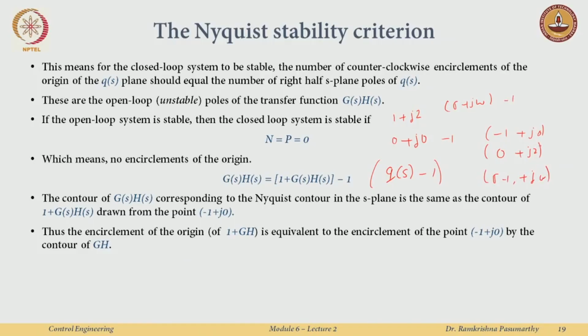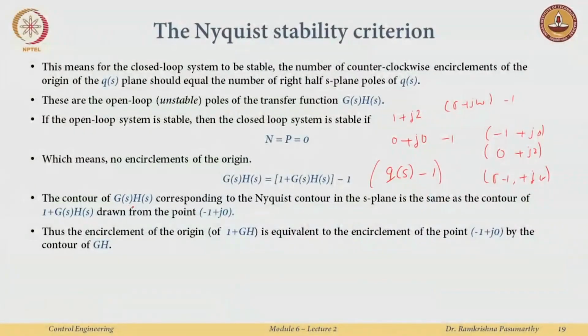The imaginary thing always remains the same, and the real part is shifted by 1, right. Just if it's sigma, it just becomes sigma minus 1. Okay. So if the contour of GH, this is the same as the contour of 1 plus G times H, just that I am just shifting the real part to minus 1 plus J0.